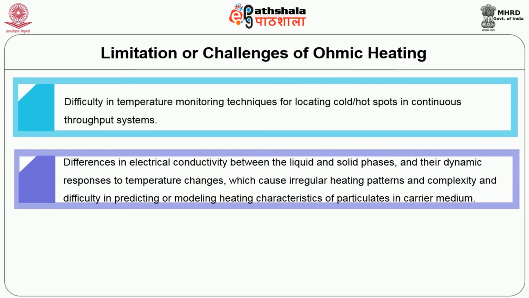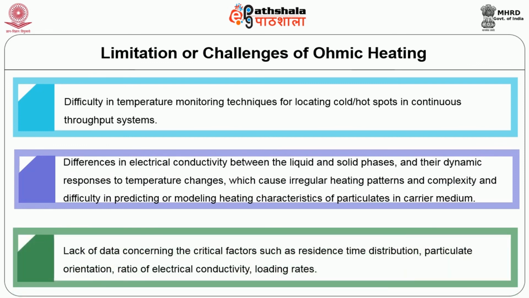Complexity and difficulty in predicting or modeling heating characteristics of the particulates in the carrier medium. Lack of data concerning critical factors such as residence time distribution, particulate orientation, ratio of electrical conductivity and loading rates.